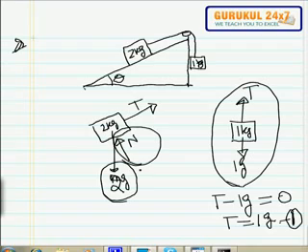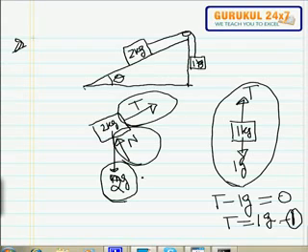We don't need to do anything with that. Tension is parallel to the incline. We don't need to do anything with that either. But this weight 2g is neither perpendicular nor parallel. So we need to first find the components of this weight along the incline and perpendicular to the incline.